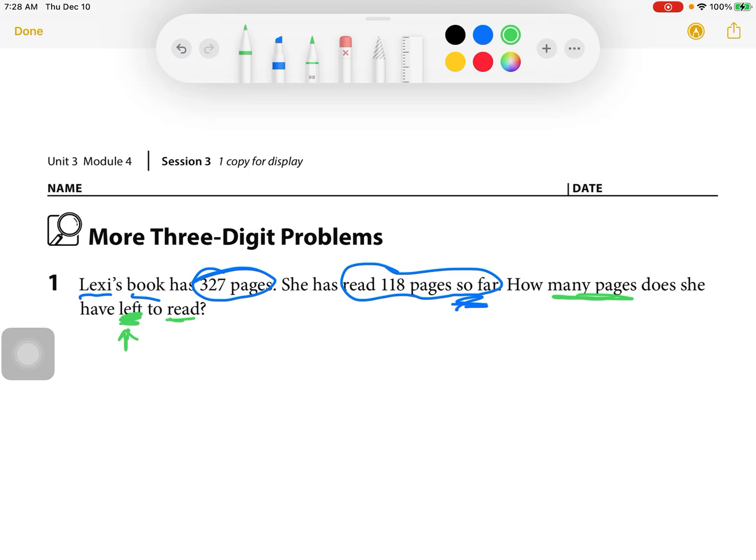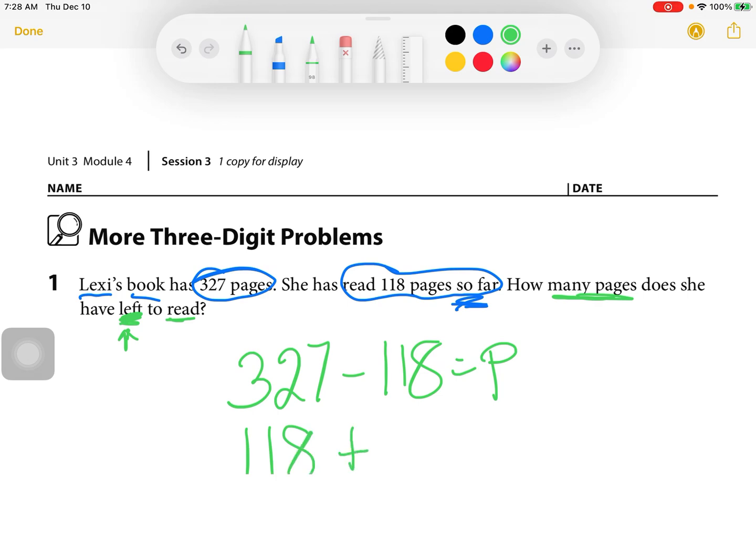Okay, so if you have a couple of equations, maybe you came up with this one: 327 minus 118 equals P, and I'm just going to use P for pages. Or maybe you want to think of it as she is at 118 and she needs to get to 327, so how many pages does she have left to go? Those are some possible equations you could use to figure this problem out.